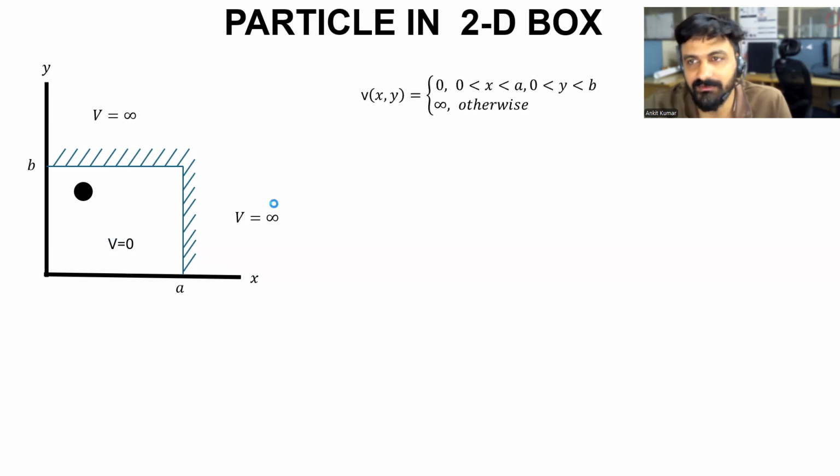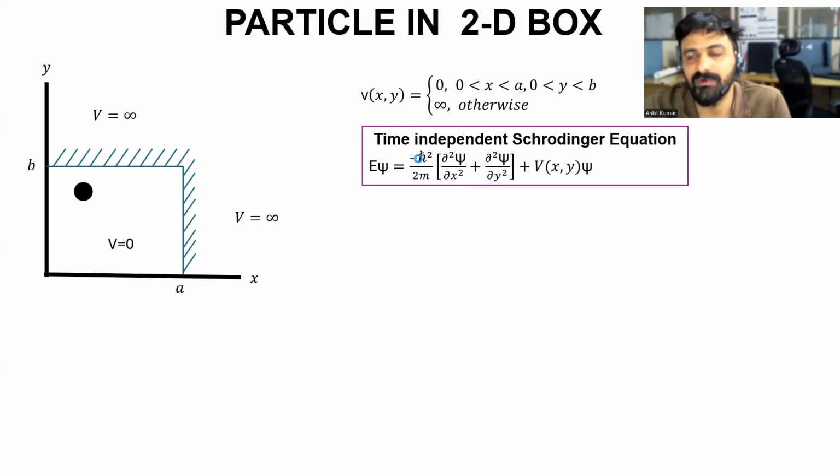So that is the boundary condition, where the potential is zero when 0 < x < a and 0 < y < b, and infinity otherwise. From the time-independent Schrodinger equation, we have Eψ = −ħ²/2m (∂²ψ/∂x² + ∂²ψ/∂y²) + V(x,y)ψ.